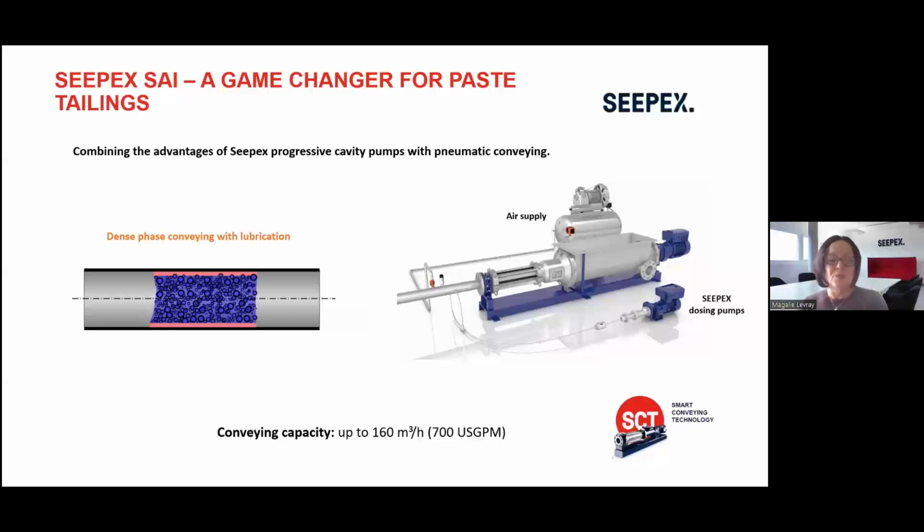The maximum conveying capacity today is 160 cubic meters per hour, that is 700 US GPM.